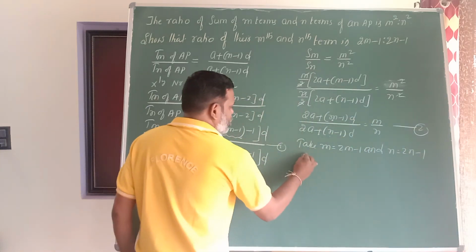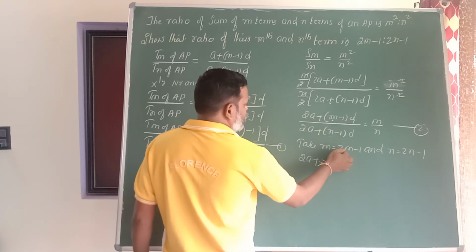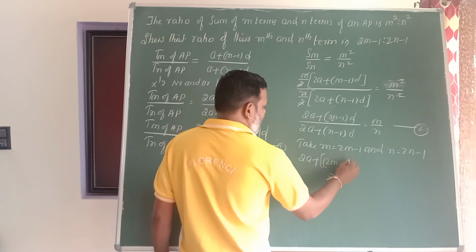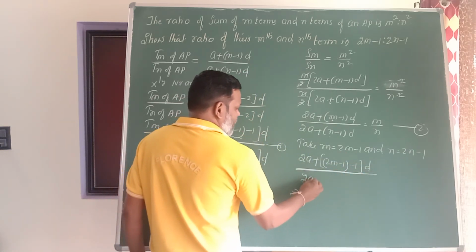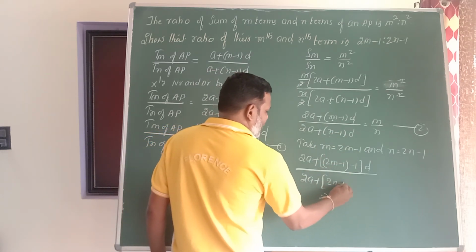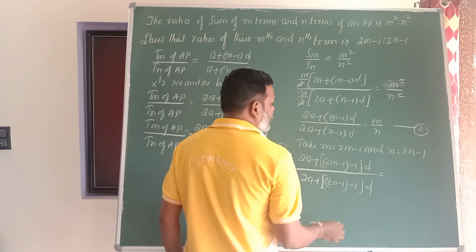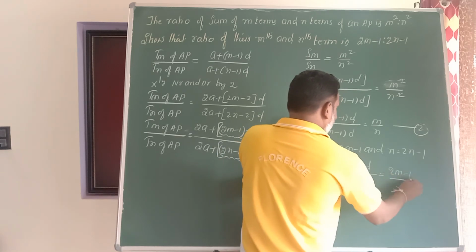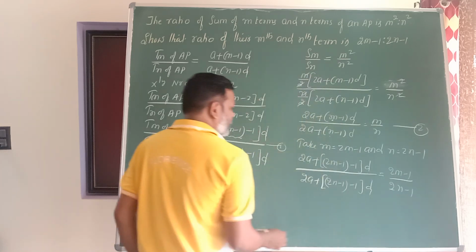What happens here? 2a plus, m is nothing but 2m minus 1, and thereafter minus 1 into d, divided by 2a plus, in place of n we have to take 2n minus 1 and thereafter minus 1 into d, is equal to, m is nothing but 2m minus 1 divided by n is nothing but 2n minus 1.